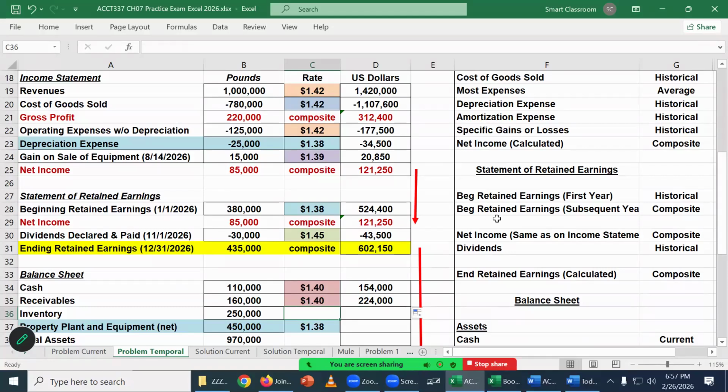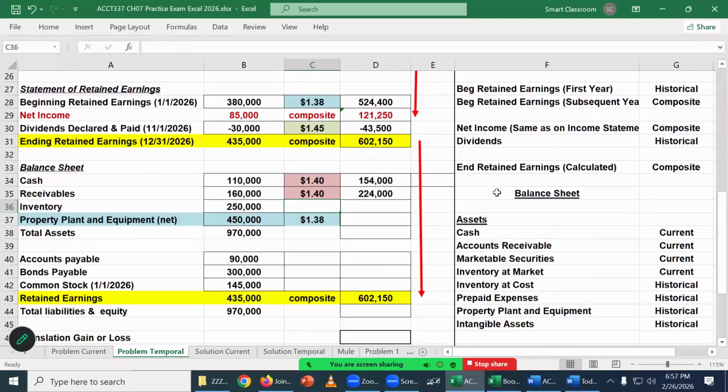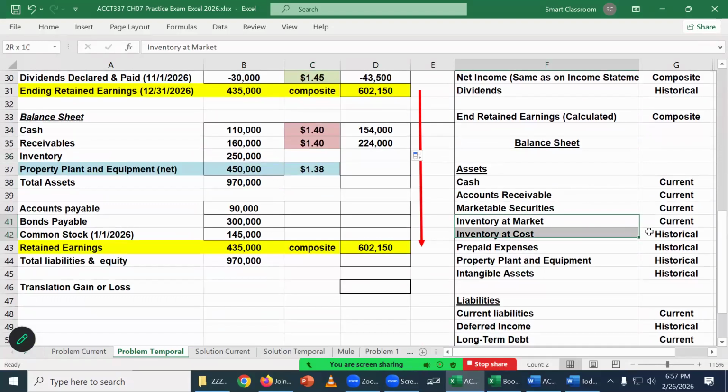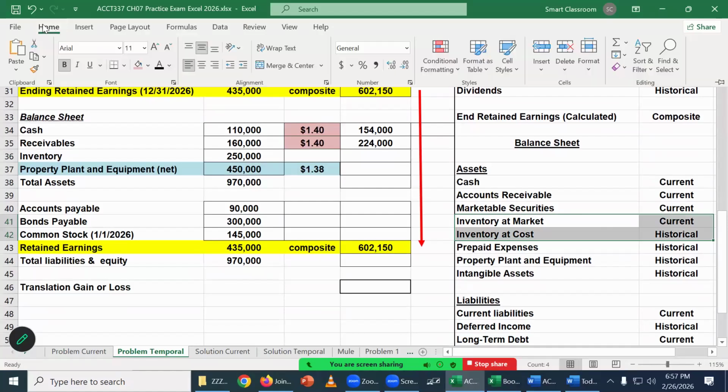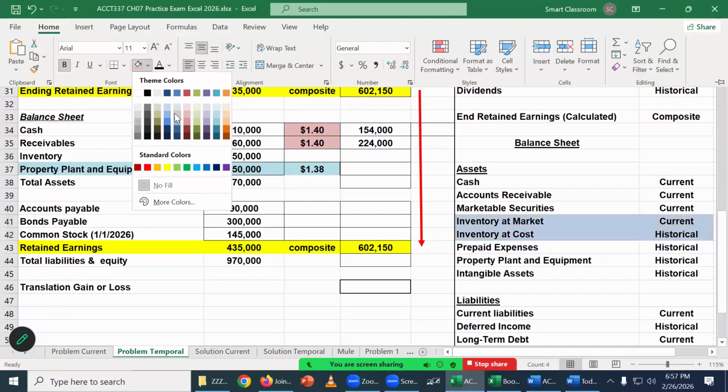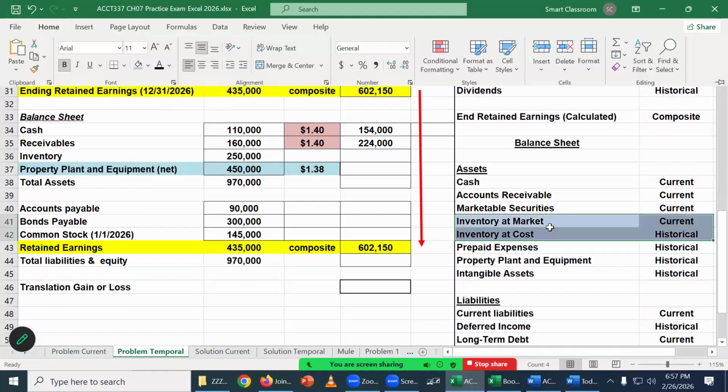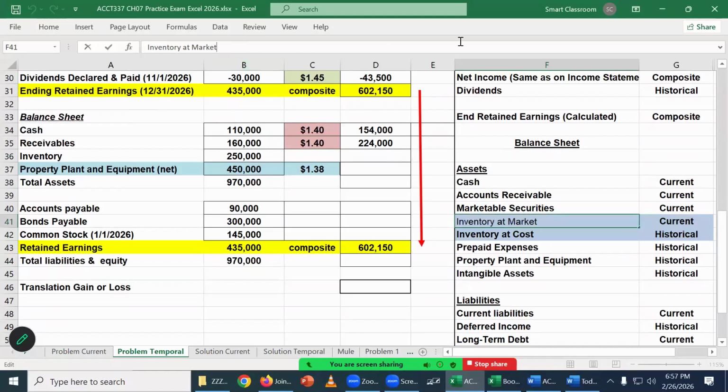Inventory. Inventory is a can of worms. And here's why. You look at this and you say, okay, wait a minute, how come they show it both ways? How is that possible? And the answer is inventory that's going to be at lower cost or net realizable value would usually go in at the market rate, and inventory at cost, if it's at cost, I guess we'll put that in there just for fun.